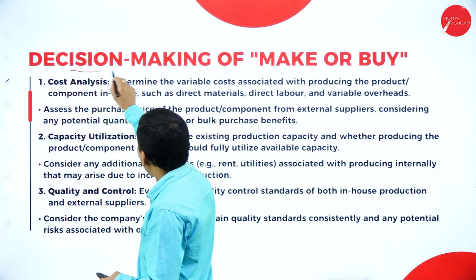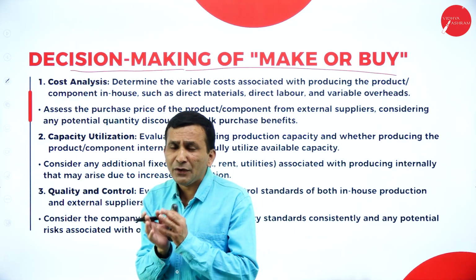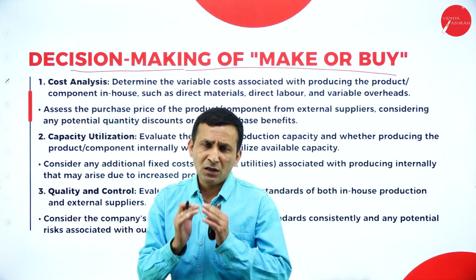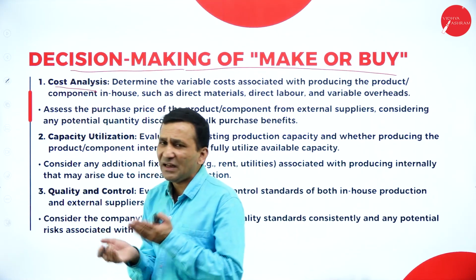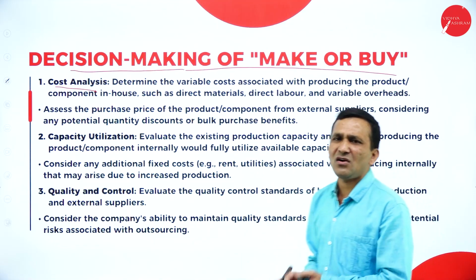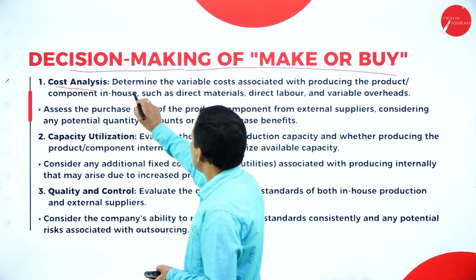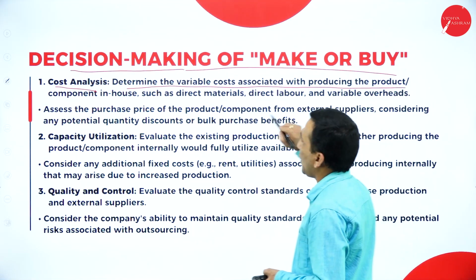When taking a make or buy decision, we need to keep a few points in mind. The first one is cost analysis. We need to analyze properly what costs are incurred, the major costs like variable cost and fixed cost. Determine the variable cost associated with producing the product.